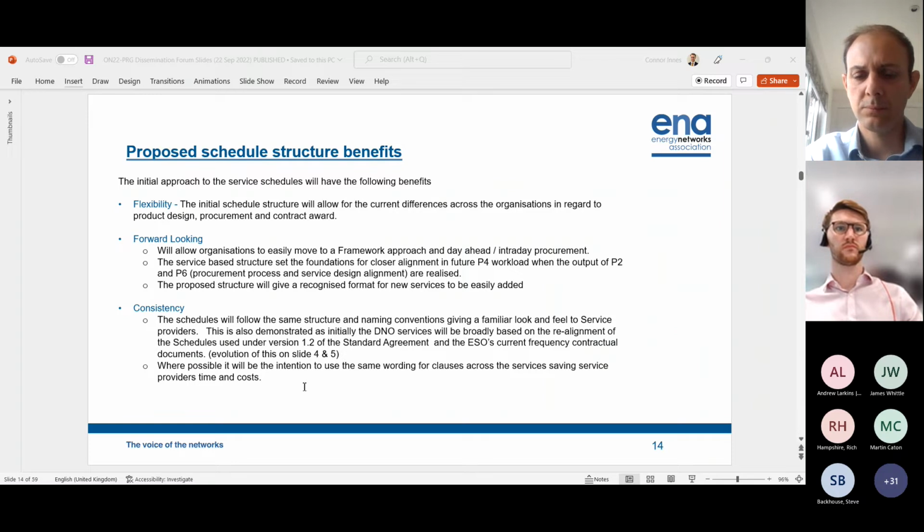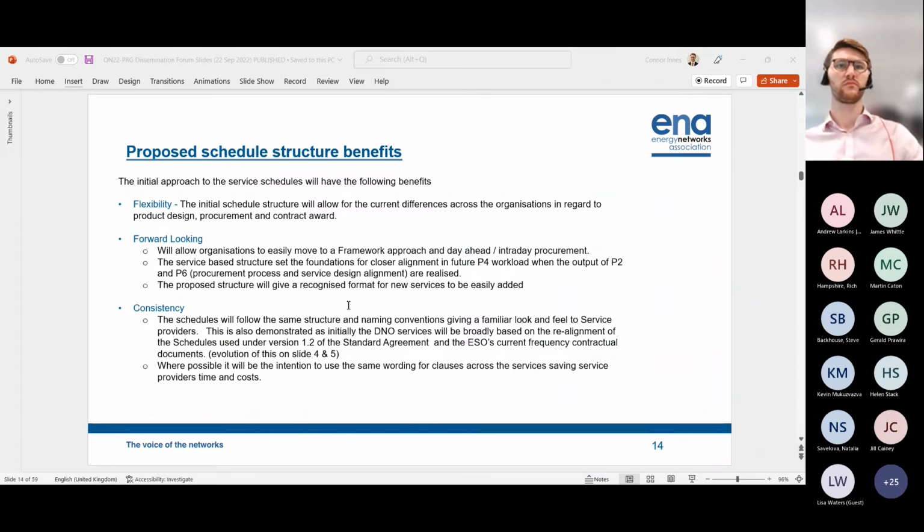The service-based structure will also allow, when the outputs from future WS1A products such as P2 and P6, procurement process and service design, are realised, for a structure to be in place that will allow those to work. As we get closer to service design across the organisations, there's a structure there that would already accommodate the information held within those.